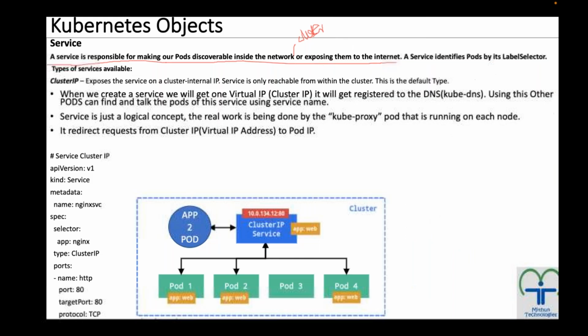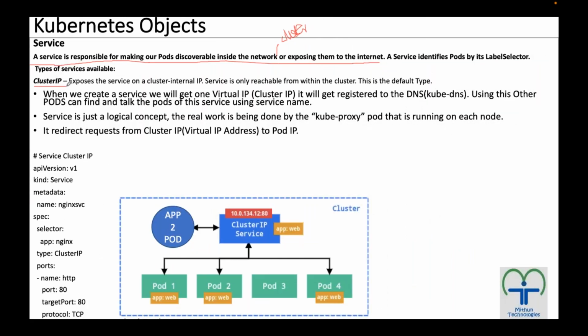Now the cluster IP service. When I create a service of type cluster IP, it will expose the service on a cluster internal IP. We call this a cluster IP or service IP or virtual IP. So basically this is my service.